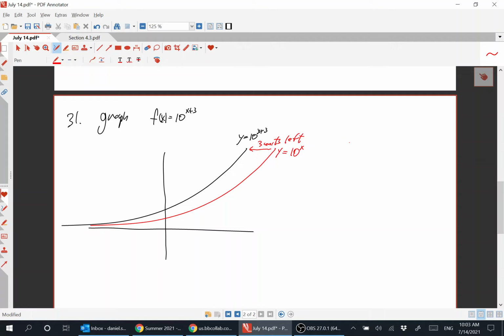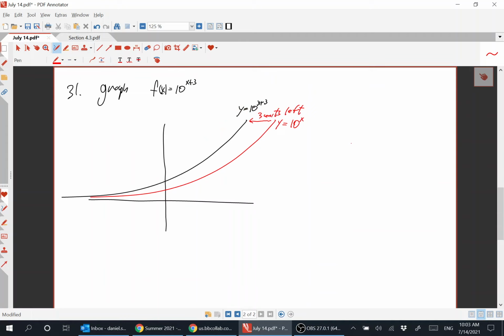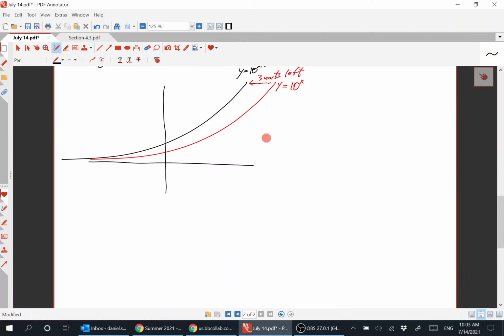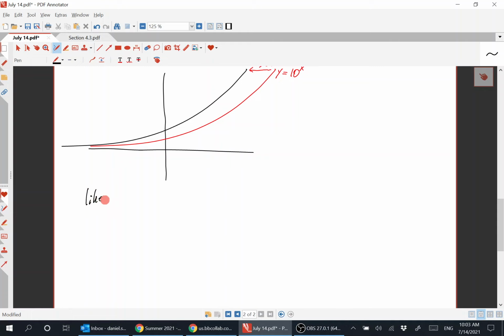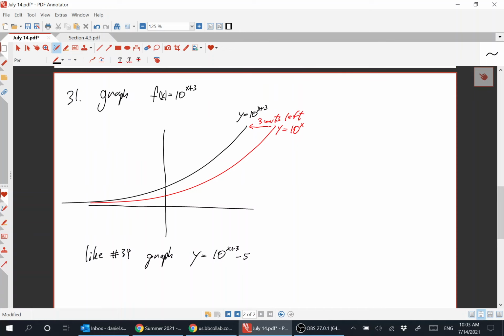So something similar to 34: graph y equals 10 to the x plus 3 minus 5, say. Well, if I'm going to do that graph, what's going to happen?